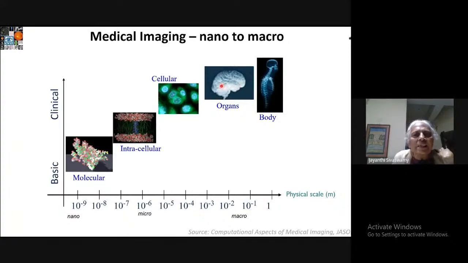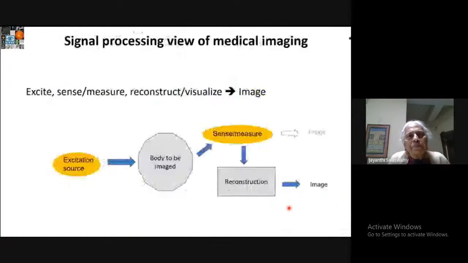Then if you go to organs, you go to centimeter level, then cellular level, intracellular, molecular, and so on. Typically the molecular and intracellular level is more at the research level, and clinical, that means hospitals, deal with things which are tens of centimeters up to a meter. That is the range at which we are dealing with in medical images.